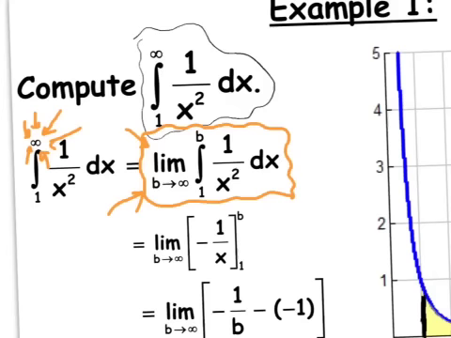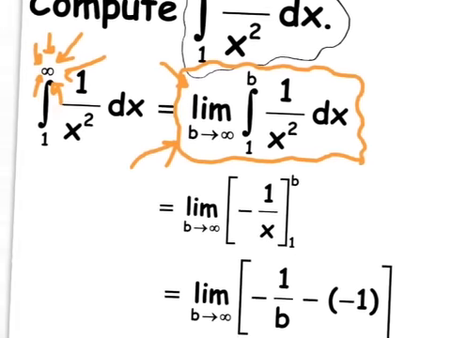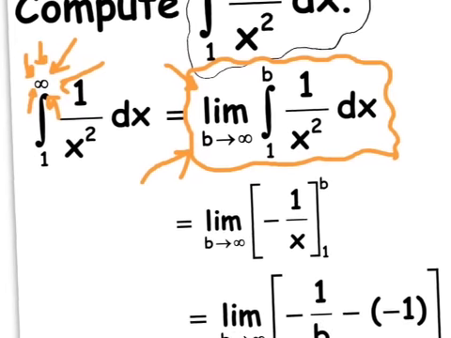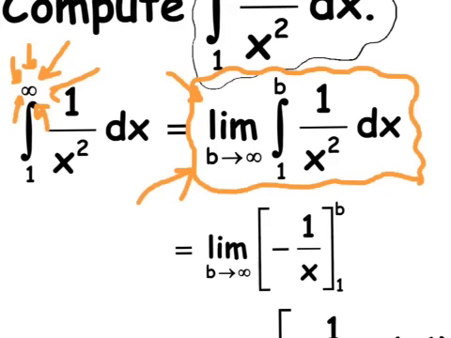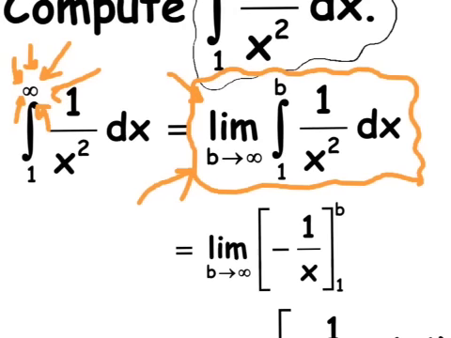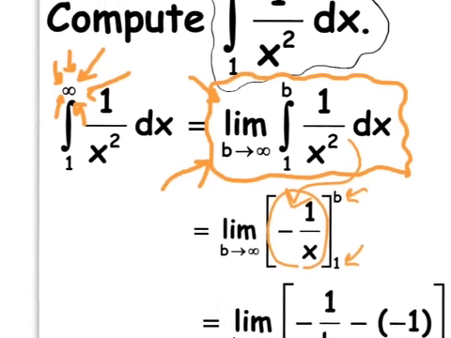After you complete that, then it would make sense to talk about the antiderivative of 1 over x squared. The antiderivative, once we rewrite this as a limit, we could say that the antiderivative of 1 over x squared is negative 1 over x. And that's going to be evaluated at x equals 1 and x equals b using the fundamental theorem of calculus.